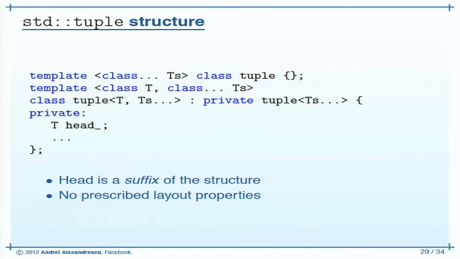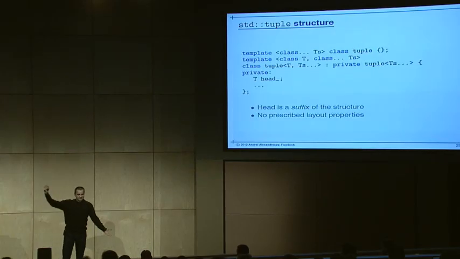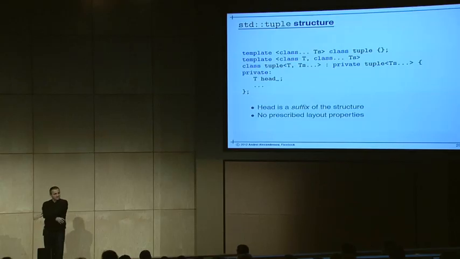Good. Question. What's the layout of this guy? It turns out, just like in Stefan's example, it's the exact opposite of what you'd expect. It's reversed. If you have tuple of int, string, and double, the double is going to be first, followed by the string, followed by the int. That can be a bit unexpected.